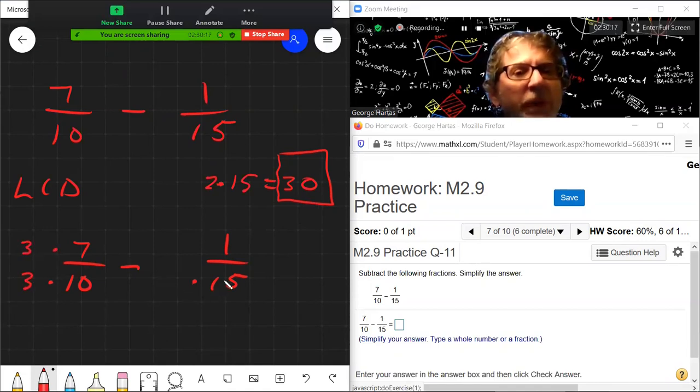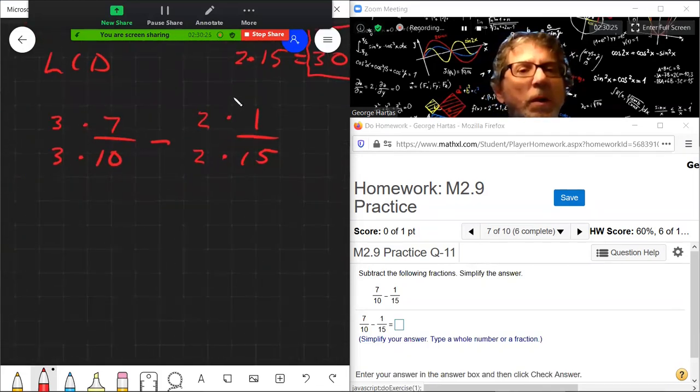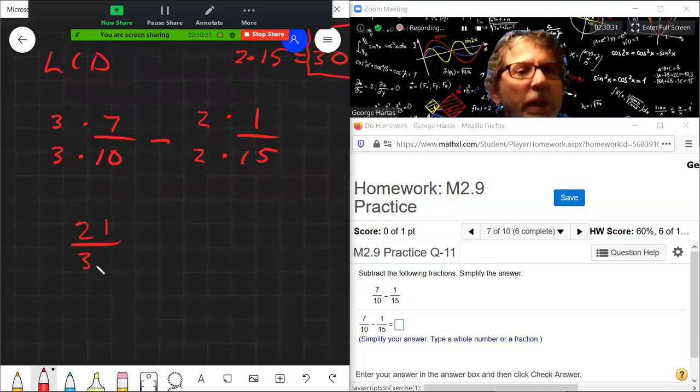What number times 15 is 30? 2, which means this is 2. Multiply this out straight across. You get 21 over 30 minus 2 over 30. Subtract. We get 19 over 30.